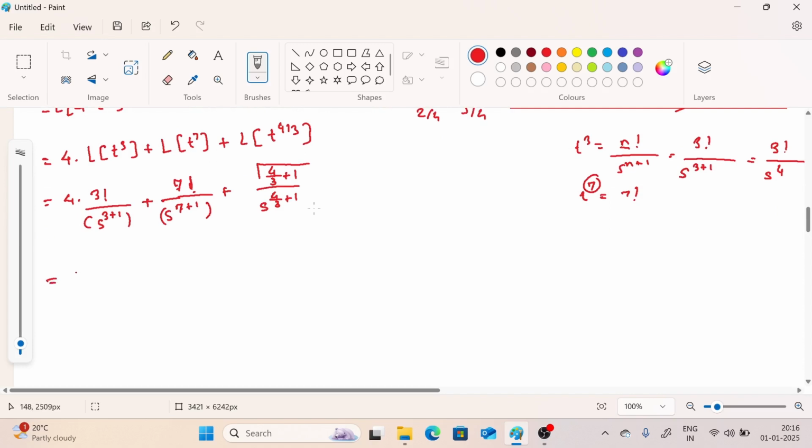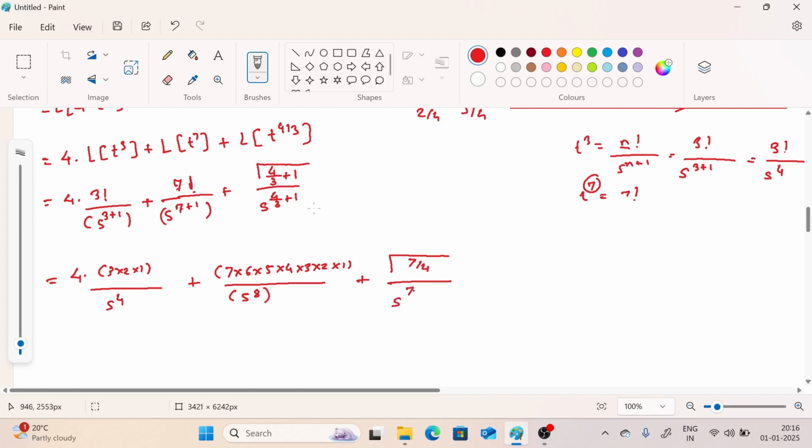So what we will get is 4 times 3 factorial, which is 3 into 2 into 1, upon s raised to 4, plus 7 factorial, which is 7, 6, 5, 4, 3, 2, 1, upon s raised to 8, plus 4 by 3 plus 1, which is 7 by 3, so s raised to 7 by 3.